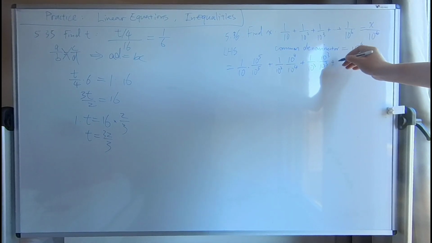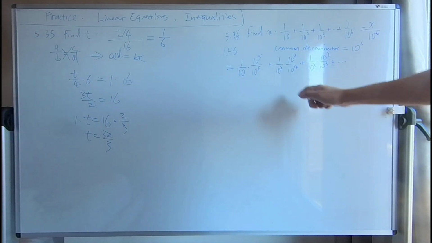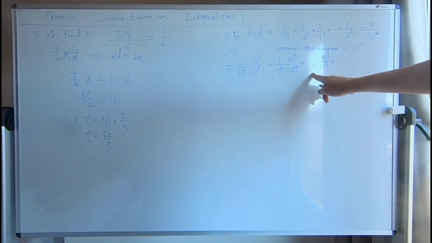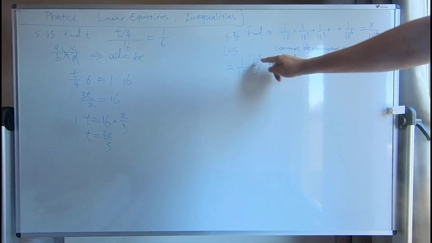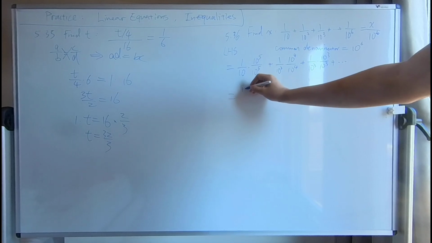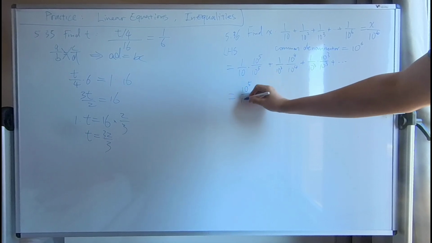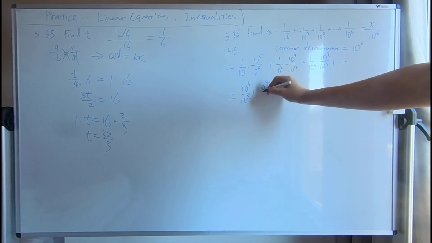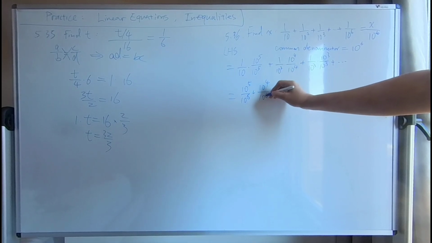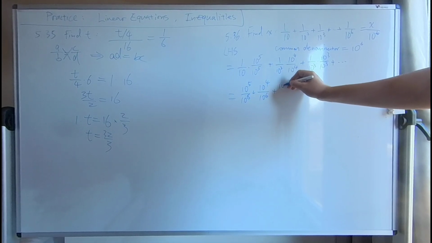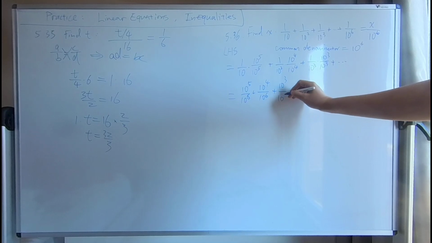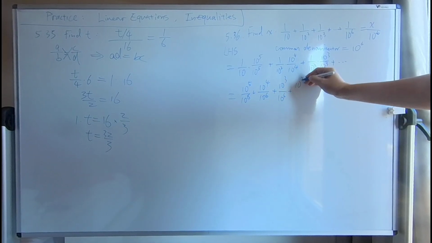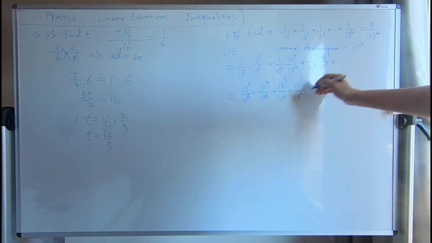I don't have to write all the terms, because you soon find the pattern: it's a multiple of 10 term by term. The numerator has a pattern where it decreases by a multiple of 10 one by one, so I can just follow the pattern and don't even need to write out all the terms.